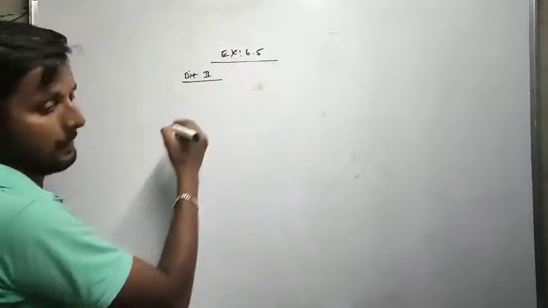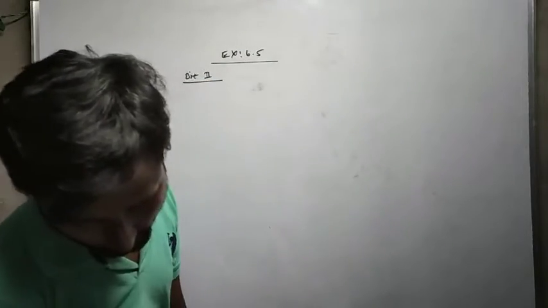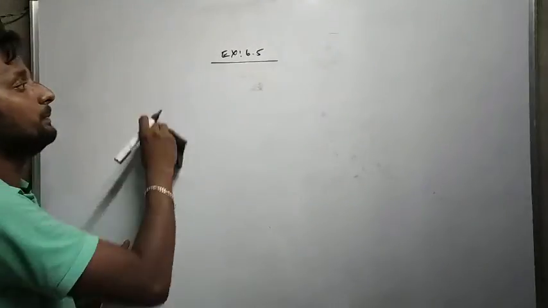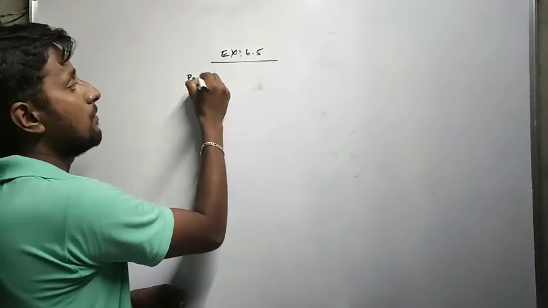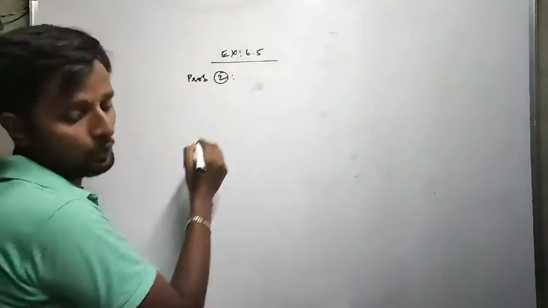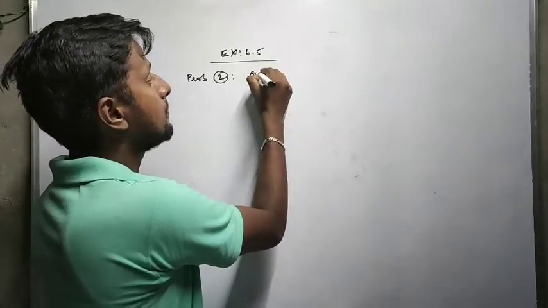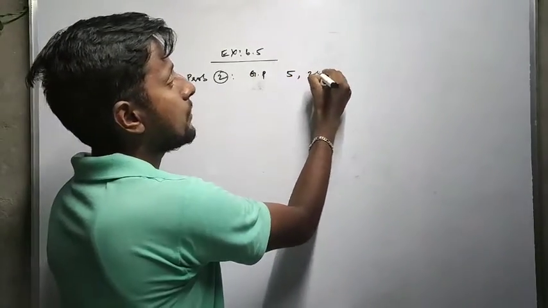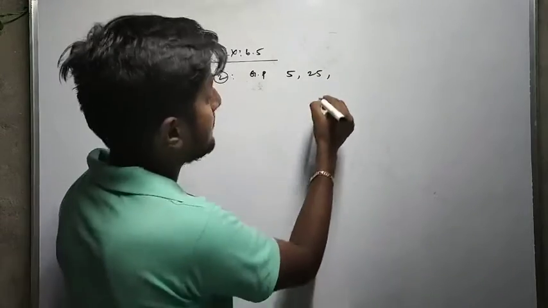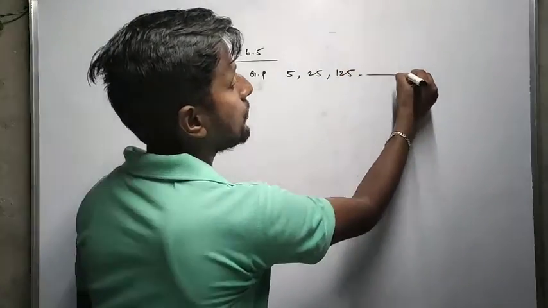Problem 2 tells us the given GP is 5, 25, 125, and so on.